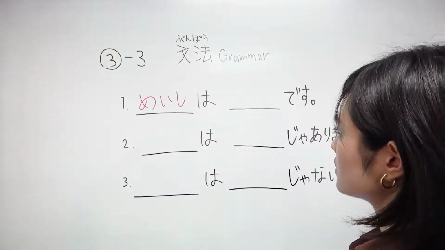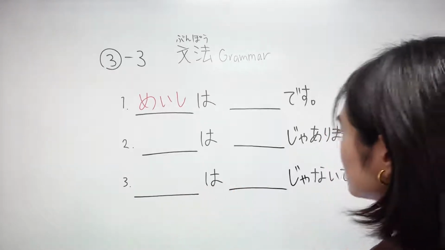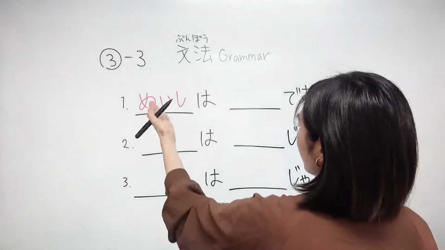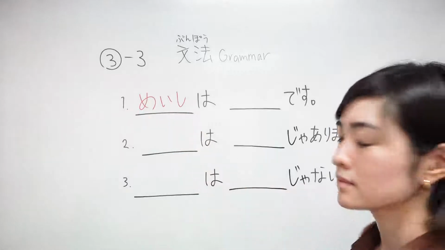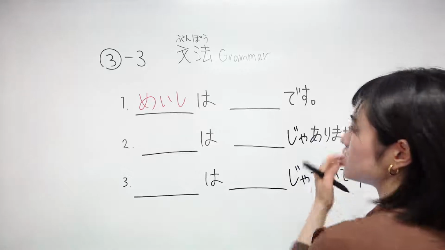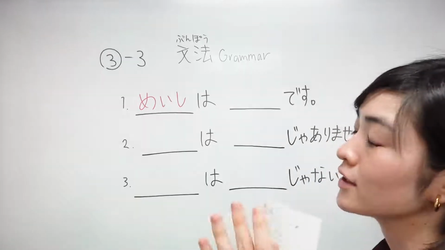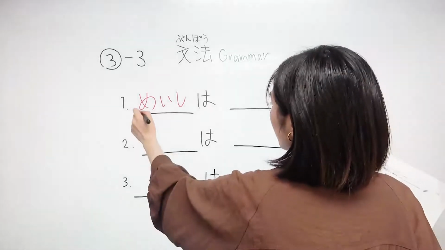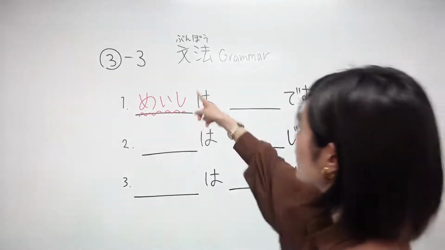So, things that describe people, objects, are called nouns, right? So, I, 私, this is 名詞. If you study grammar, it would be a pronoun. So, 名詞 comes before は.